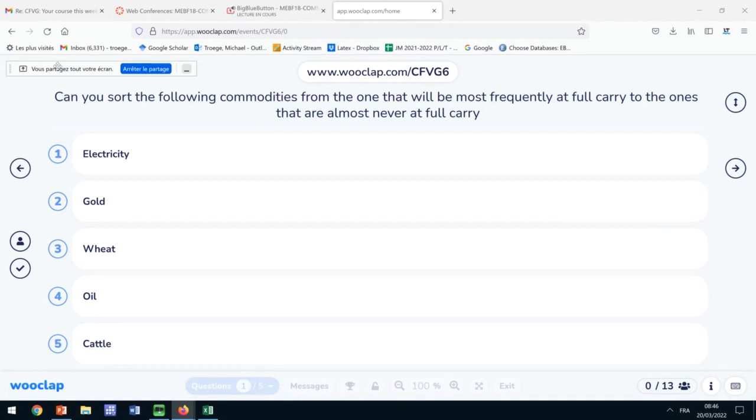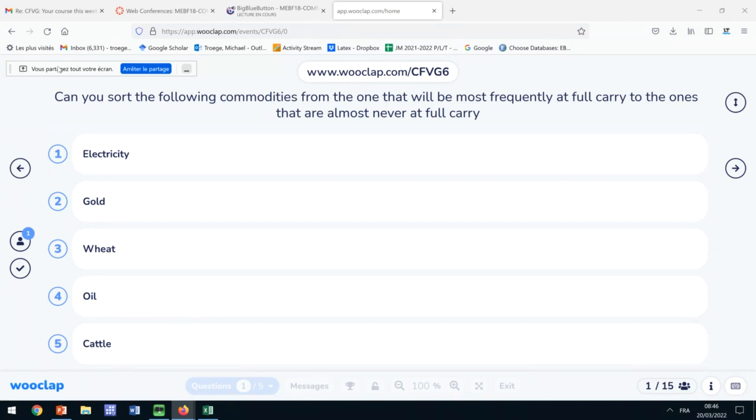So this is about full carry, not full carry. For which of these commodities is the shape of the curve mostly influenced by the cost of carry, and for which is the shape influenced by other factors such as expected future price change, hedging pressure, and maybe storage and shortage problems?